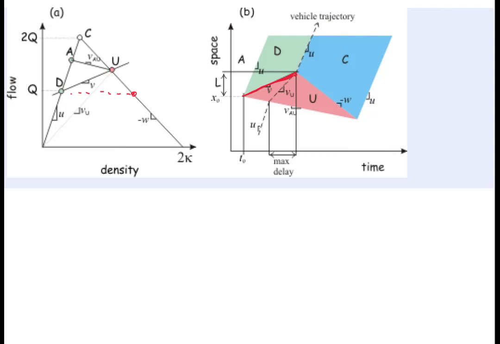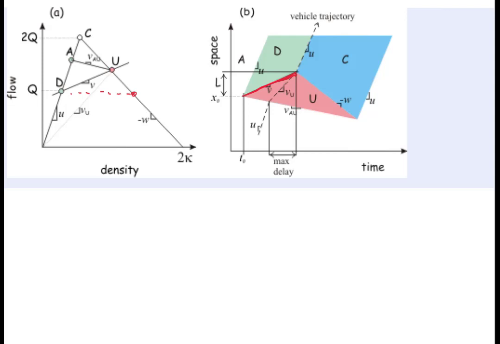So you should be able to understand this diagram now. The only difference compared to the other one is that in the other one, the speed here is 0. We're going to talk about moving bottlenecks in more detail, because they explain a lot of things when you consider that lane changes could be moving bottlenecks, or trucks on uphill grades, etc.